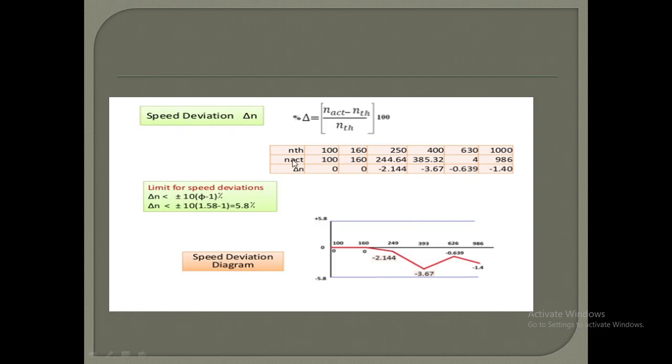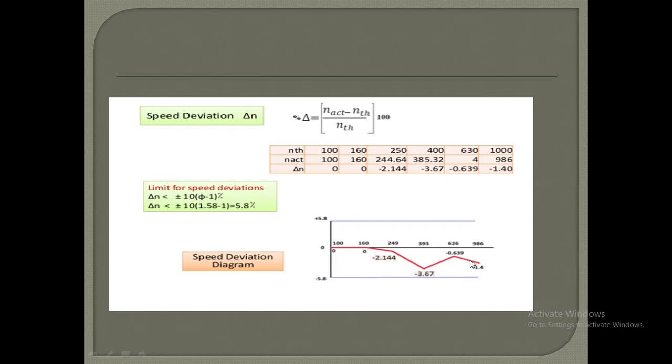Okay, with the help of that formula, check that here we have calculated the actual and theoretical speed, and we have also calculated the percentage speed deviation. With the help of these three parameters, you have to draw this deviation graph.